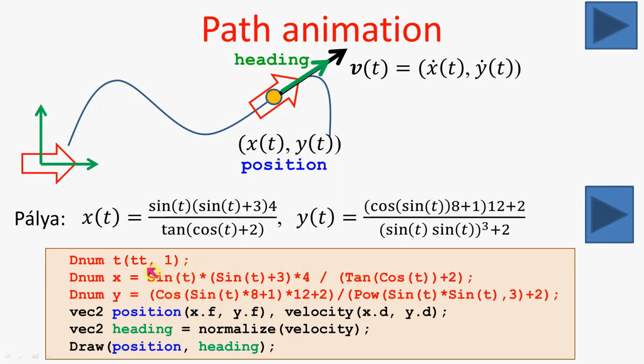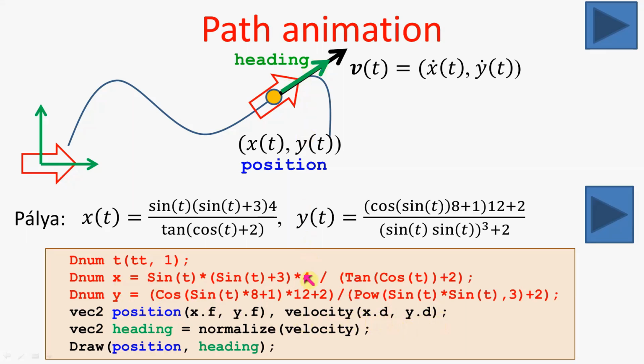So these complicated expressions are evaluated by our program, and thanks to operator overloading, when the computation is finished in variables x and y, we will have the value of these formulae, which are used to set up the position, and in members called d, we can fetch the derivatives of x and y with respect to t, and these derivatives are used to initialize the velocity.